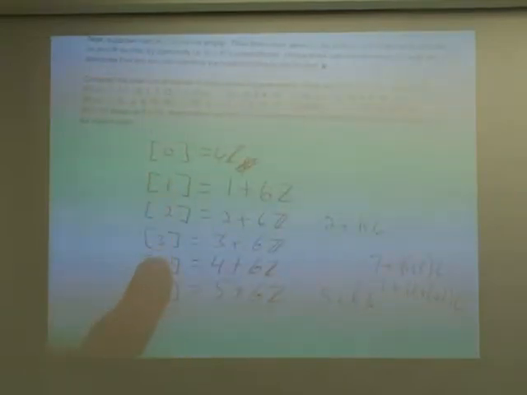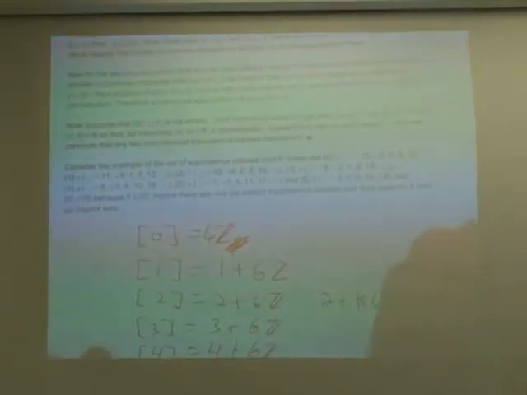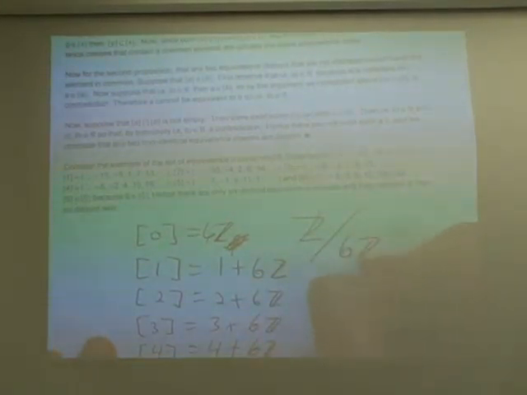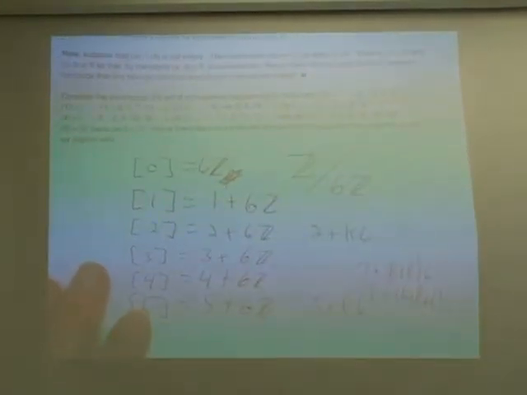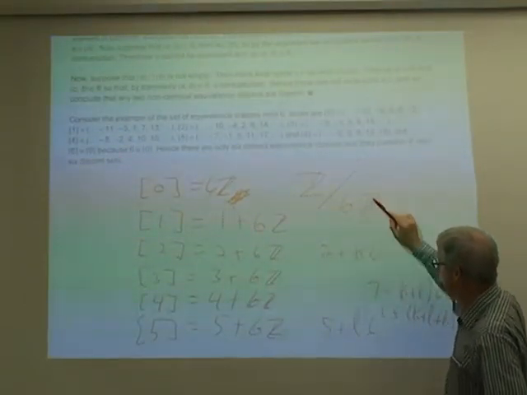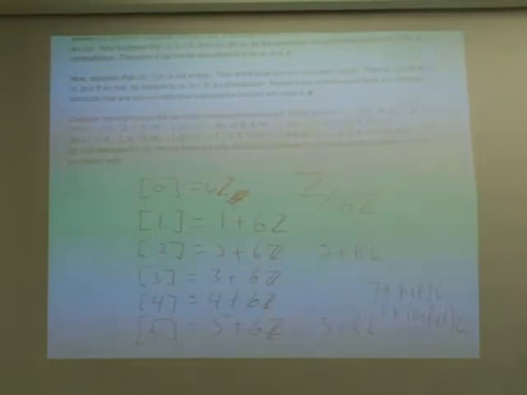What we're really doing when we do modular arithmetic is we're working in Z mod 6Z. Because that's what that means: take all the equivalence classes, take all the cosets of that subgroup, and do arithmetic on them. And it works. In this case, because 6Z is a normal subgroup, right? It's an abelian group.